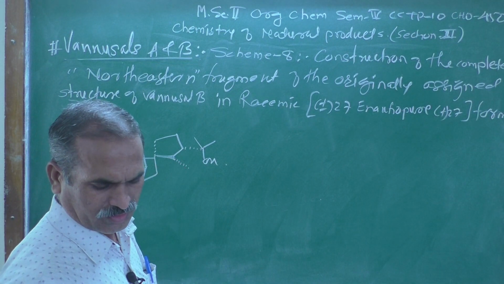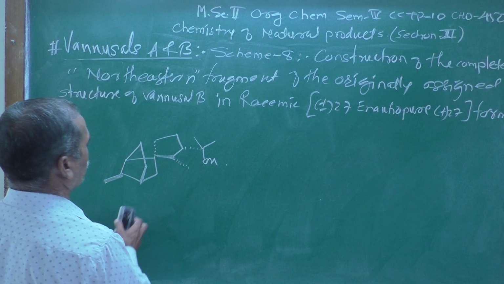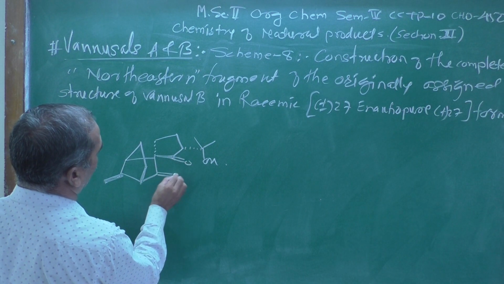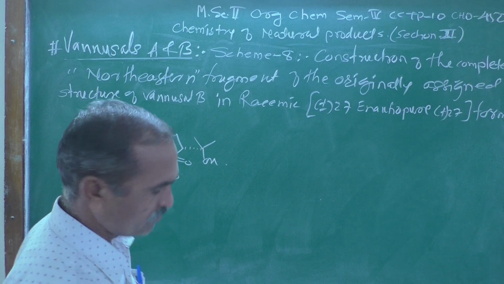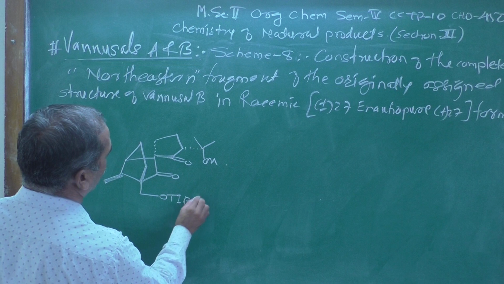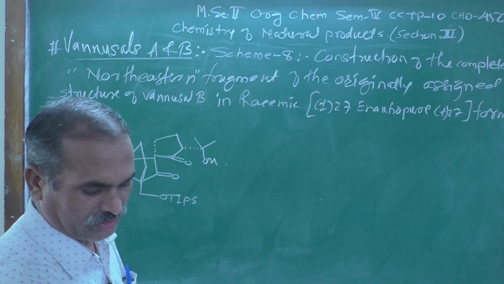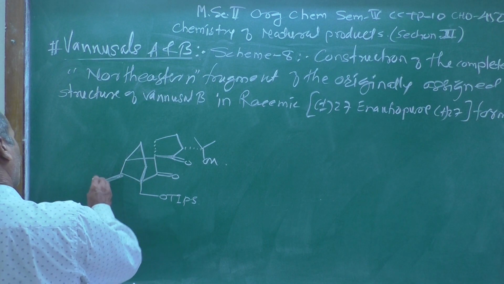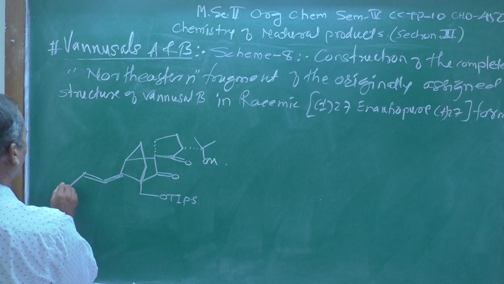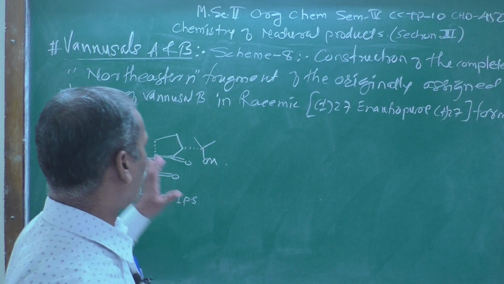Here there is a carbonyl group, and at this position also a carbonyl group, and this OTIPS is the protecting group which selectively protects the primary alcohol. Now, this is an olefin, there is an R group attached, and we already discussed this one.